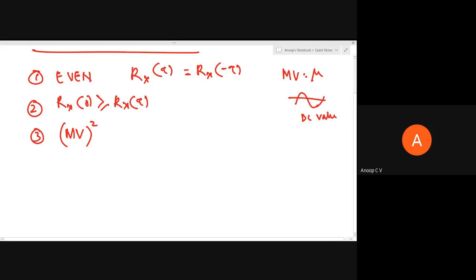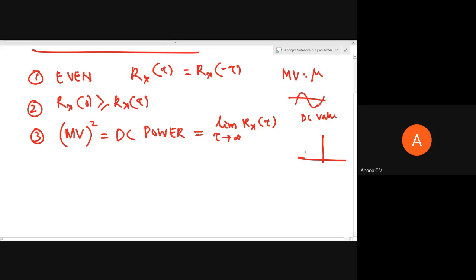So the DC value is the mean value, and the square of that DC value, which I'm writing as mean value square, is nothing but DC power. In terms of the autocorrelation function, this will be equal to the limit as tau tends to infinity of Rx of tau. So DC power is the limit as tau tends to infinity of Rx of tau.